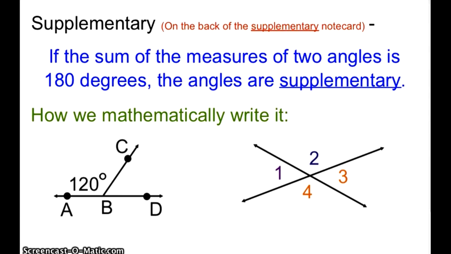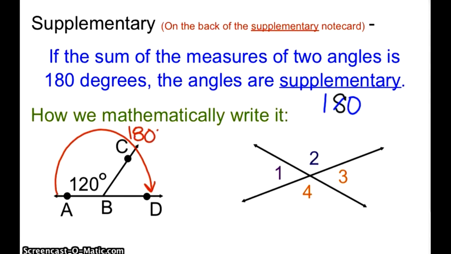Next note card, supplementary. If the sum of the measures of 2 angles is 180 degrees, the angles are supplementary. Here is my trick for supplementary. Notice that supplementary has an S. I can create an 8 out of this and draw 180. So supplementary equals 180 degrees. Also, a straight line measures 180 degrees.